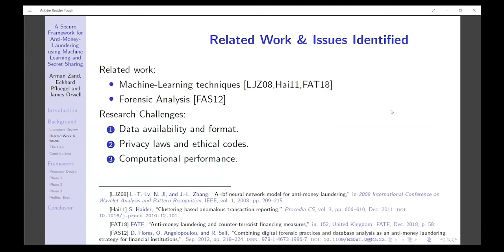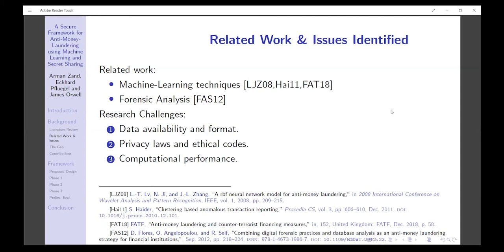And from that review, a lot of them are involved in the anti-money laundering context.